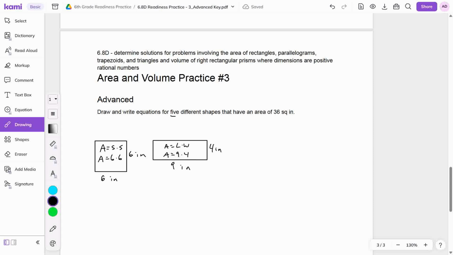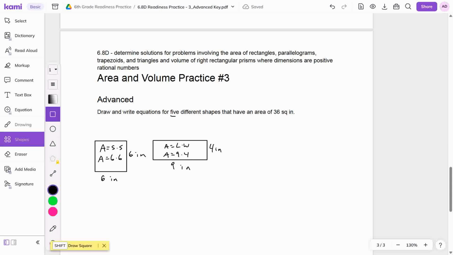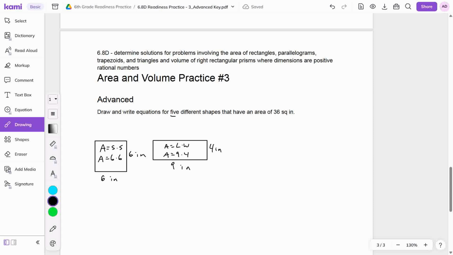We could also draw, and I don't have an automatic shape for this, so I'll have to freehand this one, a parallelogram. So if I wanted to do a parallelogram like this, and let's see if we can get it to look normal. Okay, now we do need to go ahead and draw in our height, but the area is going to equal length times width.